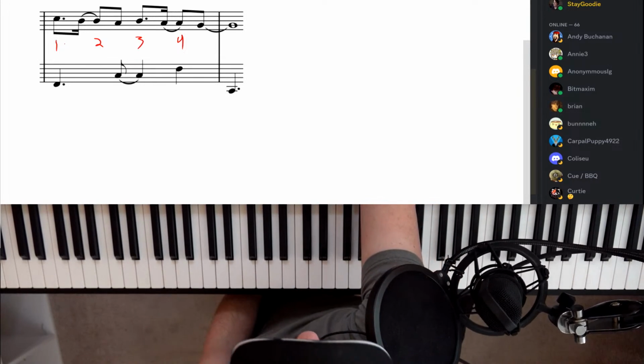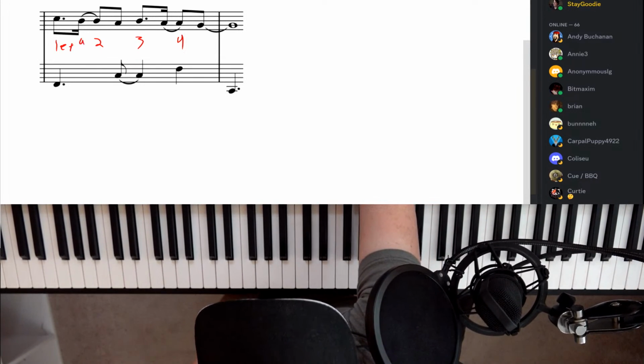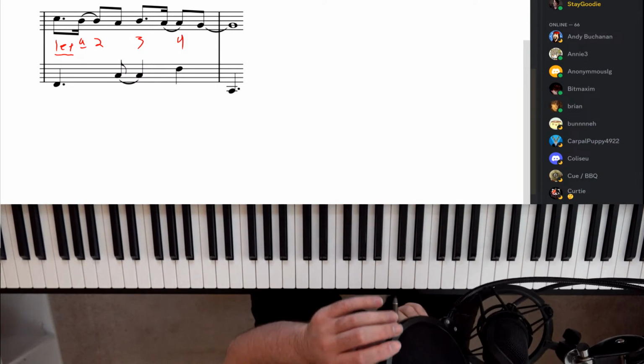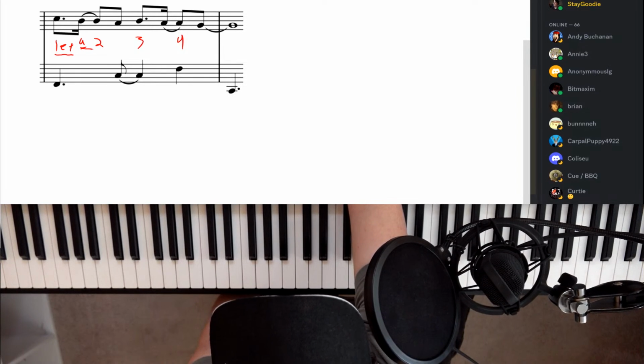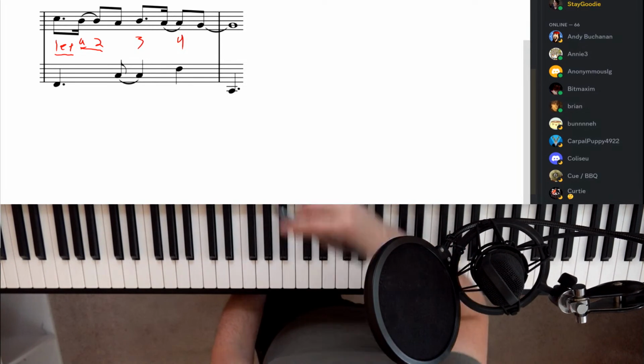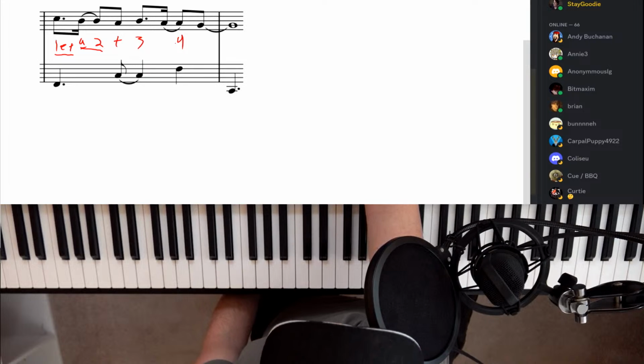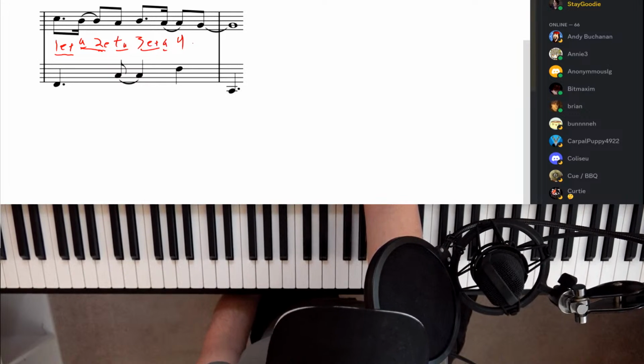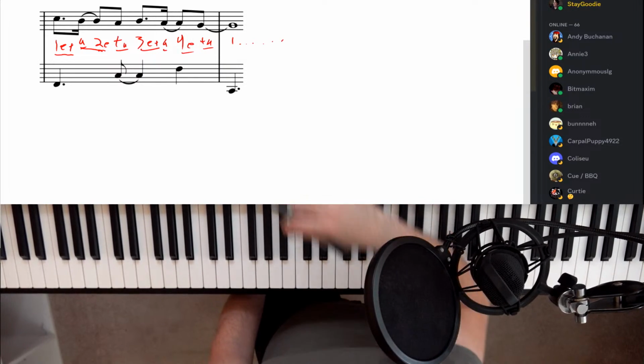So this is going to be 1 E and, and this is going to hold over 2. Actually, I'm going to keep counting: 2 E and 3 E and 4 E and, then you got the 1 E and a 2 E and a 3 E and a 4 E and.